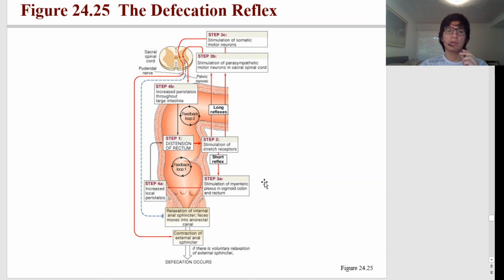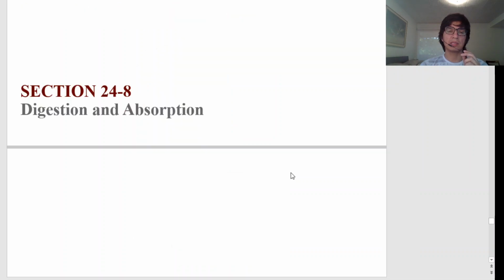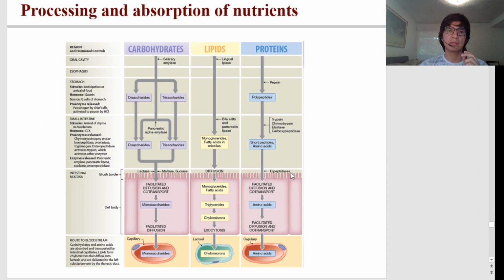Here we have a view of the defecation reflex. The defecation reflex is going to be initiated by distension of the rectum, and this acts upon stretch receptors, which eventually activate more portions of the parasympathetic system, which increase peristalsis, and eventually that leads to that uncomfortable feeling that's present whenever the need arises.